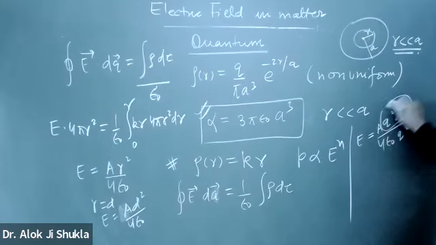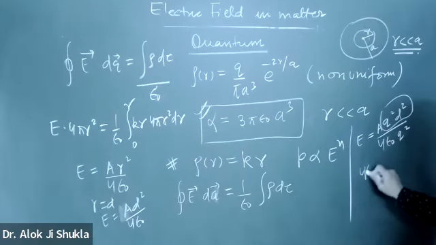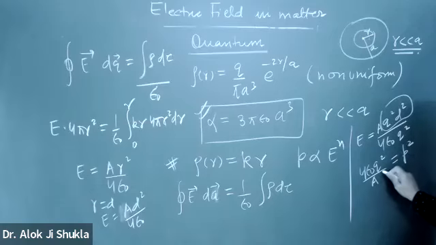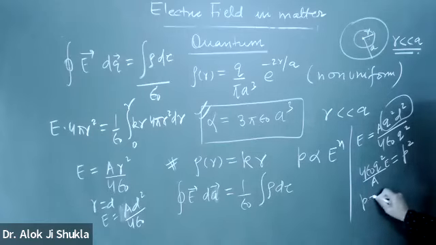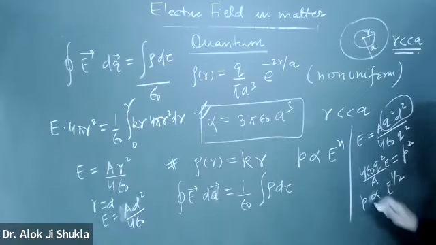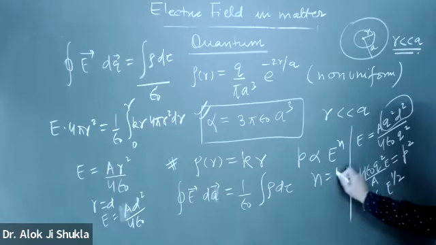Qd is P, so 4 epsilon naught q square by a is equal to P square into E. So P is proportional to E to the power half. So what is the value of n? Half.